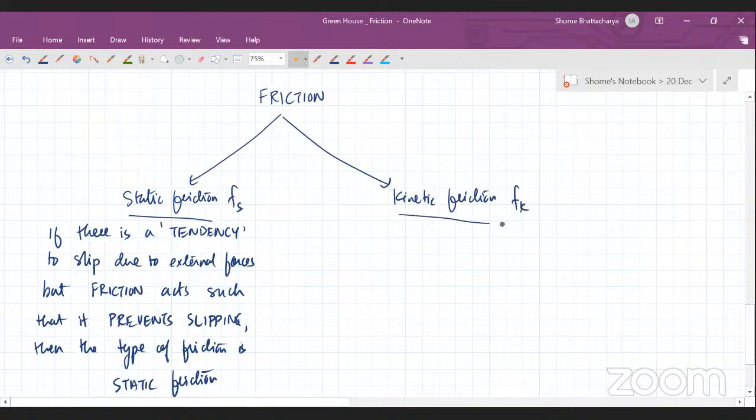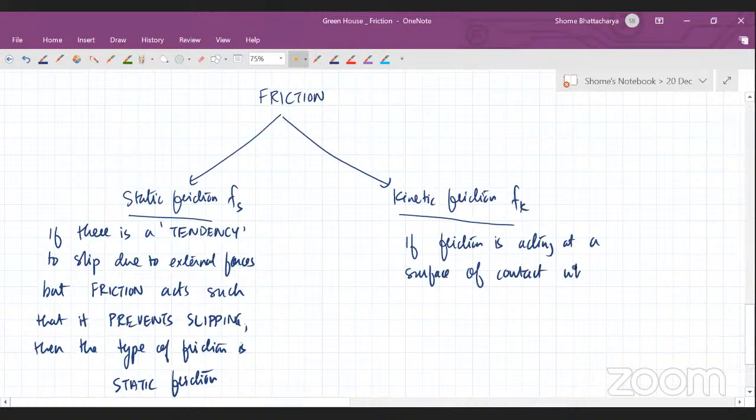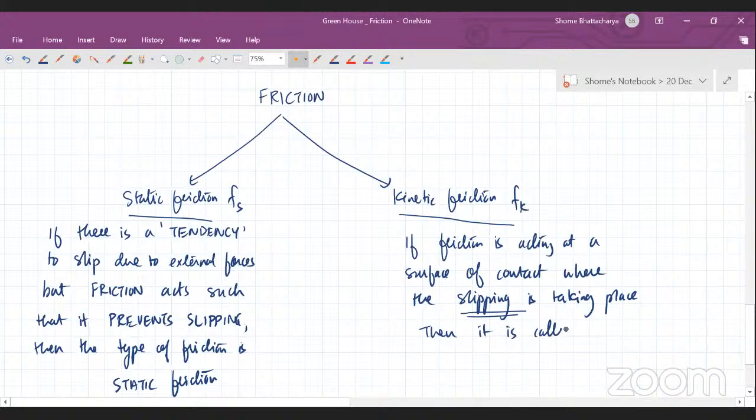Whereas if friction is acting at a surface of contact where slipping is already taking place, then it is called kinetic friction.